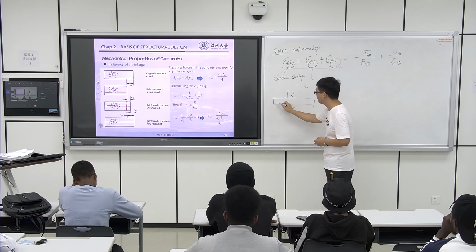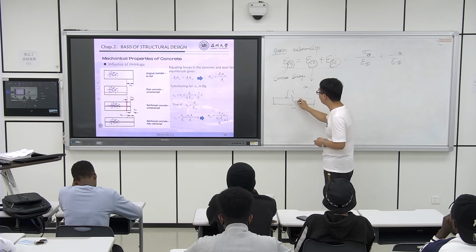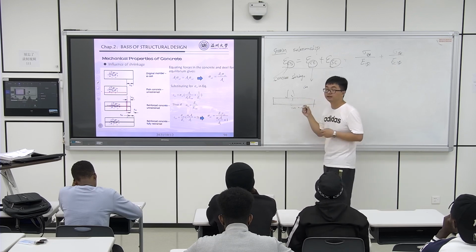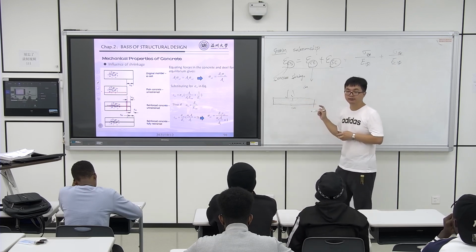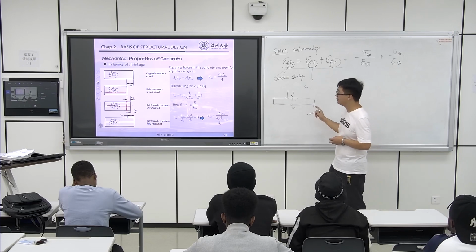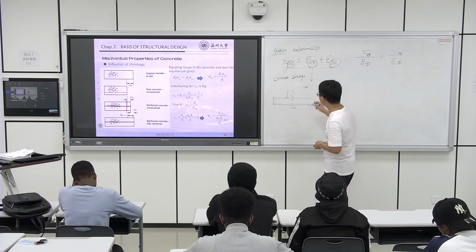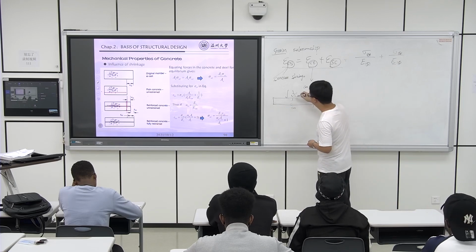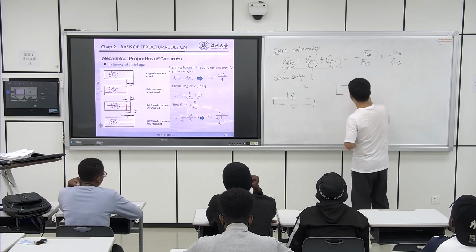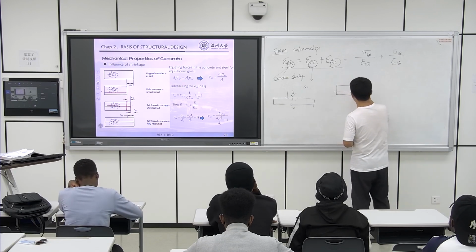The tension force is resisted by the steel bar, and the top is in compression. That is resisted by the concrete, right? But here the load is not applied on the surface of the beam. Just a specimen. Here are the steel bars.